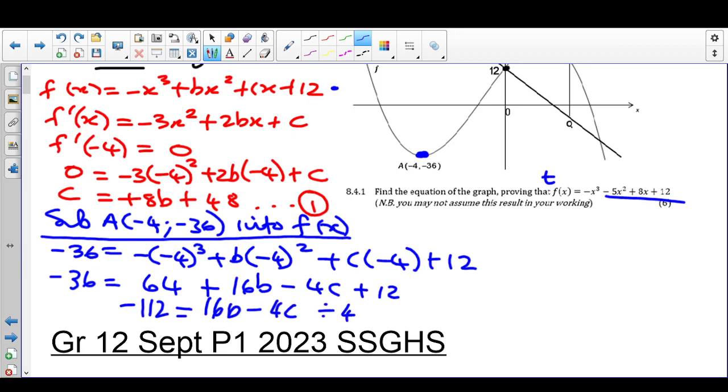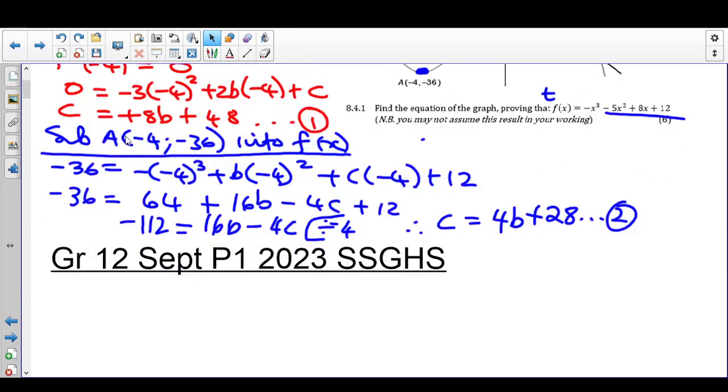I'm going to divide throughout by negative 4. So 16 divided by negative 4 is negative 4, take it over to the equal side and I get positive 4c. Negative 112 divided by negative 4 will give you 28. This is equation 2.